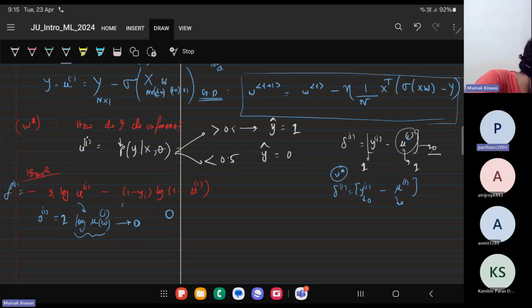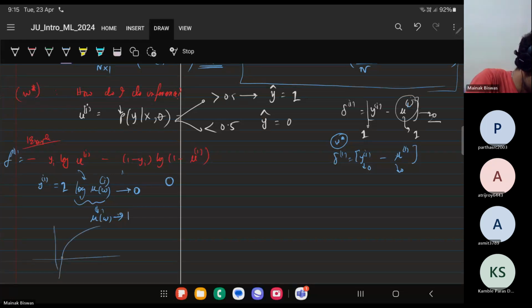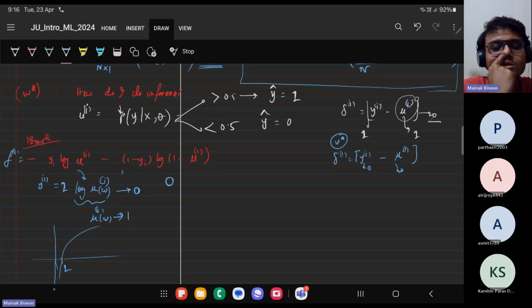This can only go to 0 if mu is equal to 1 or tending to 1. Yes or no? If it was close to 0, it would have given you a very, very large loss. Yes or no?